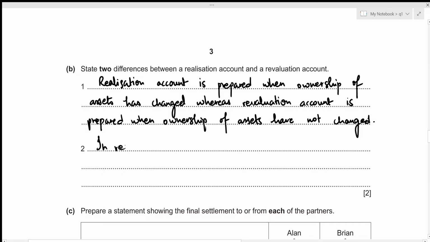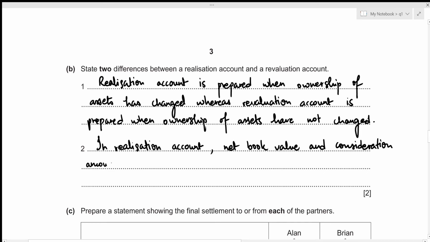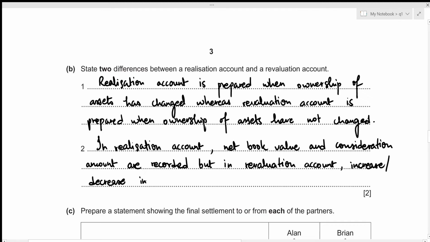In realization account, net book value and consideration amount are recorded, but in revaluation account, increase or decrease in assets value are recorded.